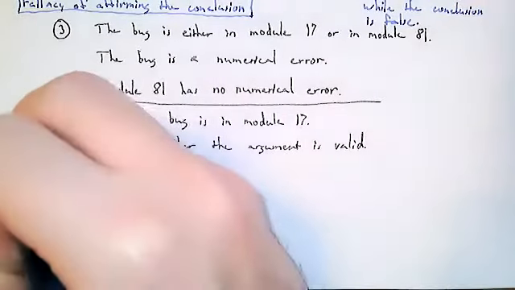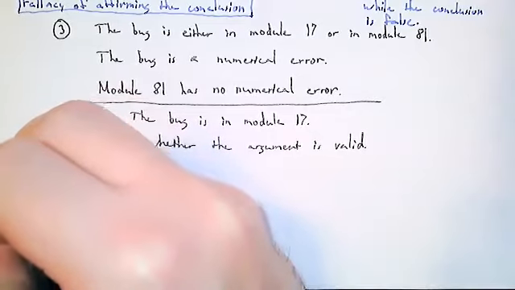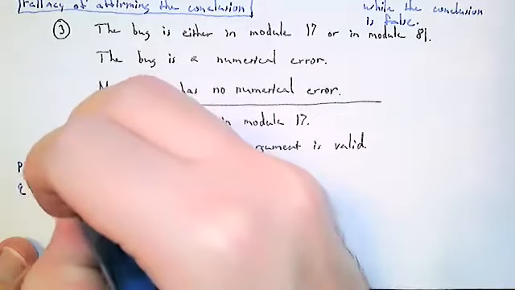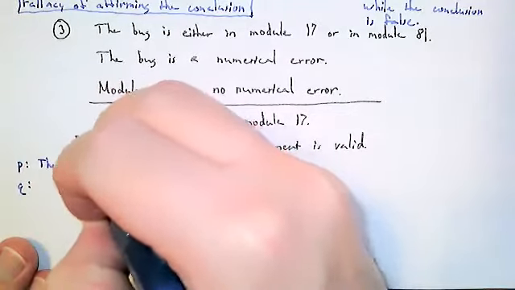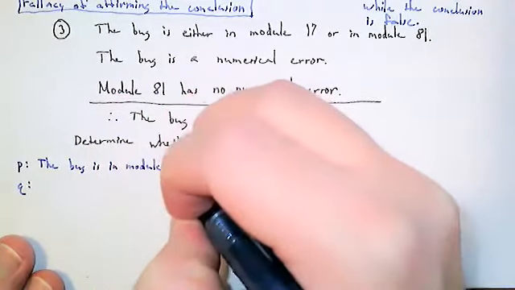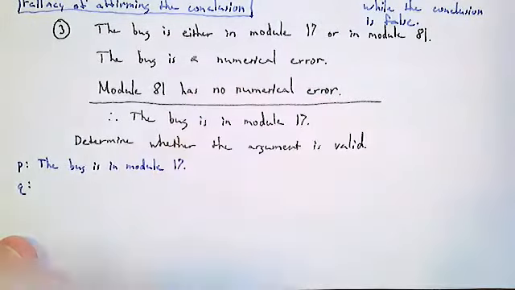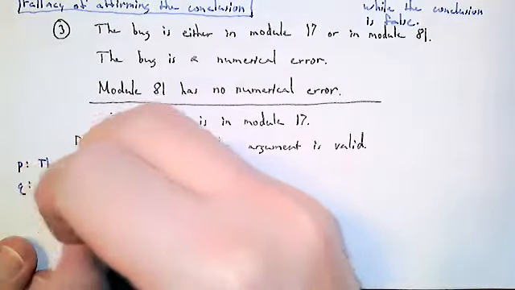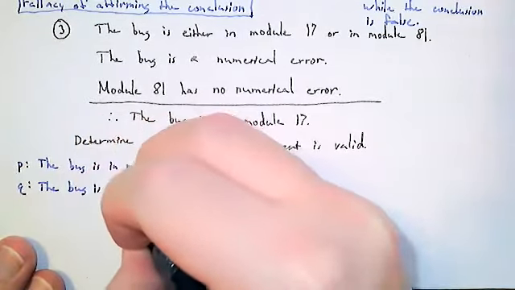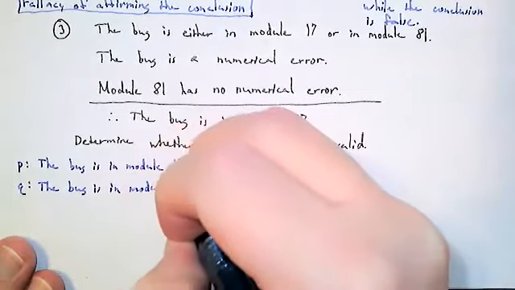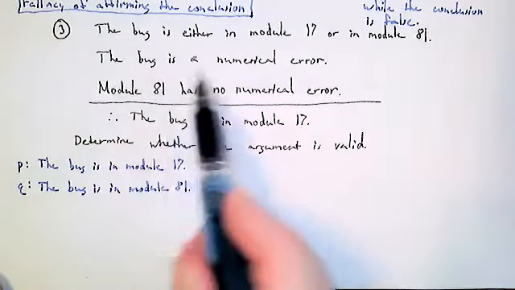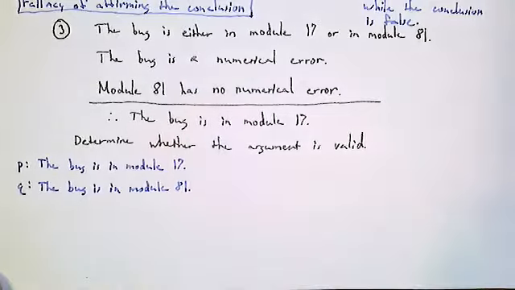So let's give those 2 the names P and Q. And then the next proposition is the bug is a numerical error.